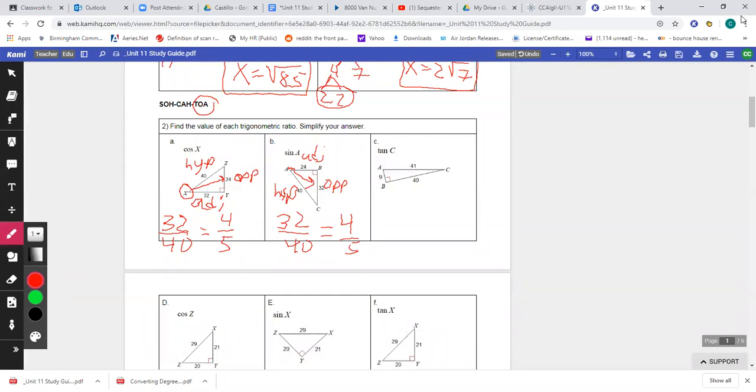Now, if this is your angle of focus, angle C, this is your hypotenuse, and the side across from it is your opposite, and then this is your adjacent. So tangent is opposite over adjacent, so this is just 9 over 40. You can't simplify 9 over 40.